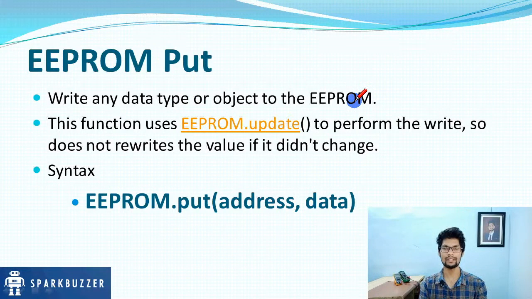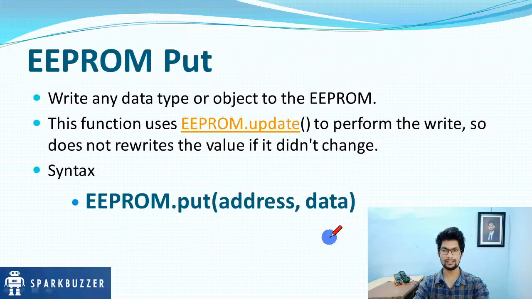The write function writes a single byte to the EEPROM memory, but using the put method, you can write an object or more than a single byte, or multiple variables, to the EEPROM. This function uses EEPROM.update to perform the write, so it does not rewrite the values if they don't change. So the put method is a combination of EEPROM write and EEPROM.update.